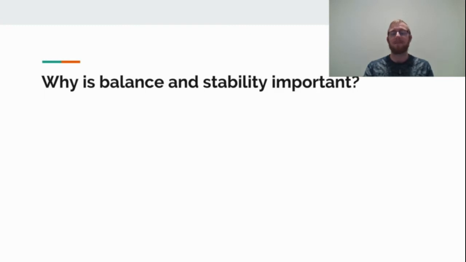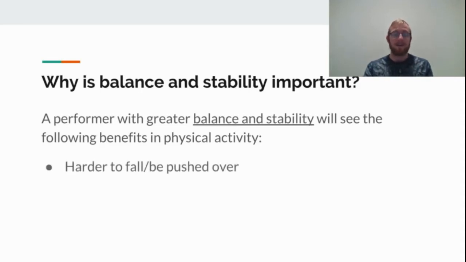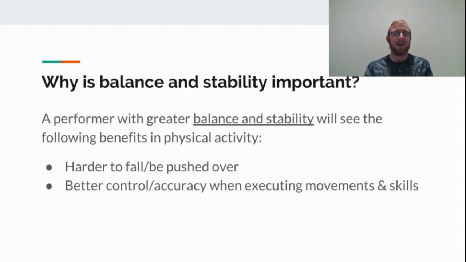So, why is balance and stability important? That is, what can it bring to your physical activity performance? Well, a performer with greater balance and stability will see some of the following benefits when they participate in physical activity. First thing, it'll be harder for them to fall or to be pushed over. They'll have better control and accuracy when executing movements and skills because their body is stable to begin with when they start executing that skill.